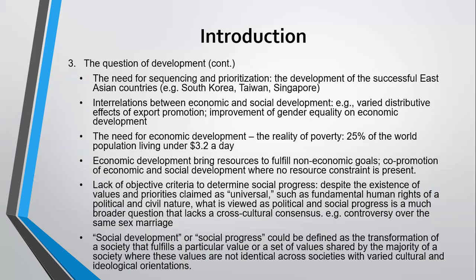In the United States, there was a Supreme Court decision that mandates the approval of same-sex marriage by all states. But there has been substantial controversy whether or not it represents social progress in the United States. So the social development agenda often lacks a cross-cultural consensus.